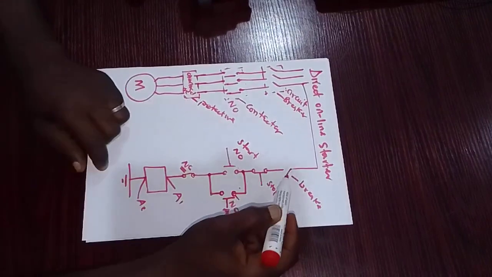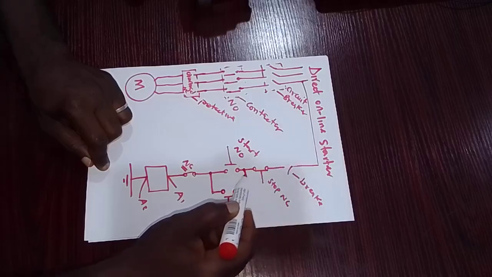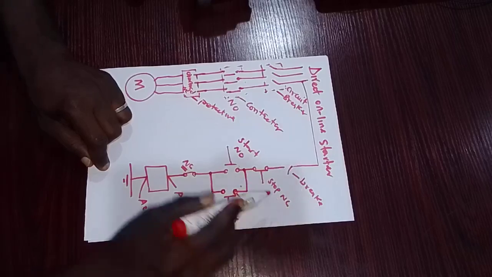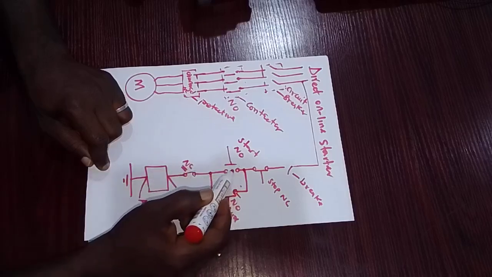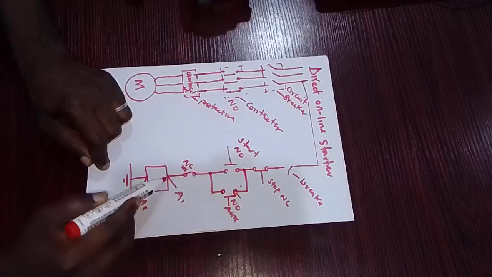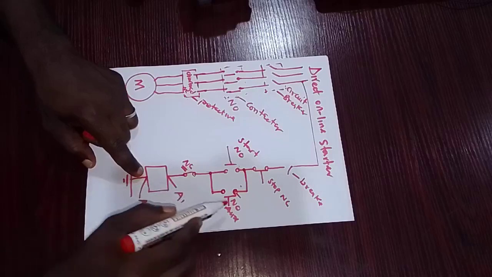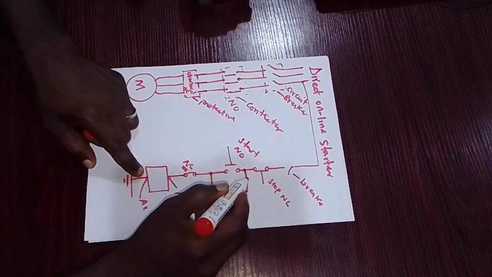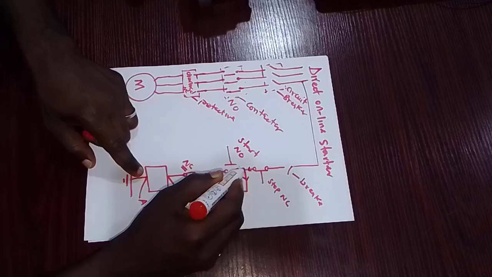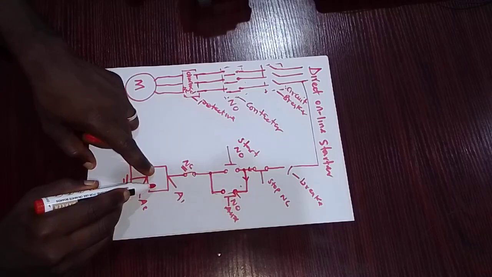Now the idea is, when this breaker is closed and current flows through the stop push button that is normally closed, and the start push button is pushed to close this circuit and passes through to the coil, immediately the coil is energized. The normally open contact closes, creating another pathway for current to flow to sustain the state of the coil, which is energized.